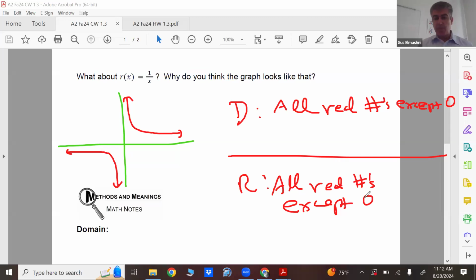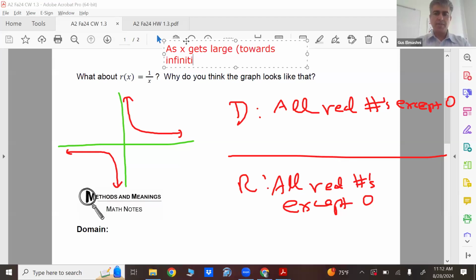Now the graph. Why does the graph look like that? There are 2 reasons. As x gets large towards infinity, y gets closer to 0, but not exactly 0.